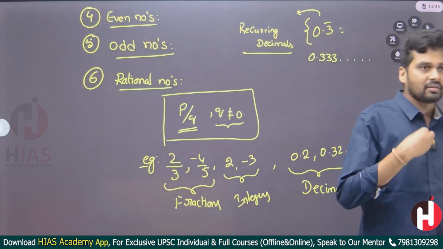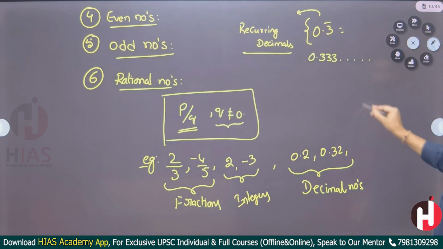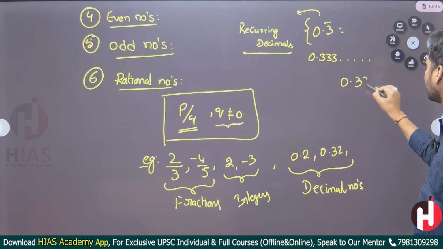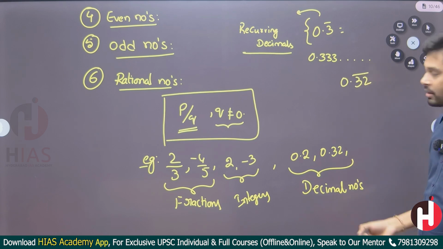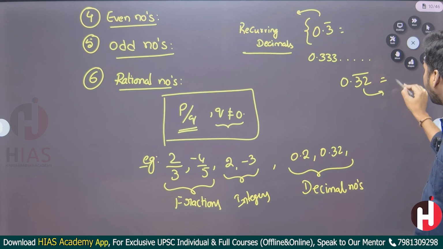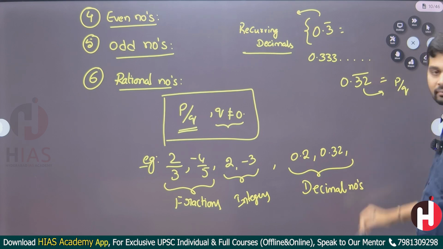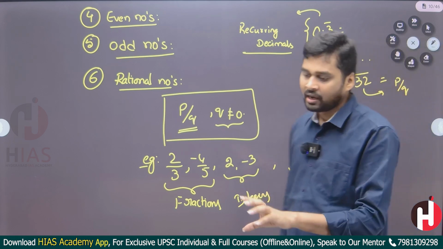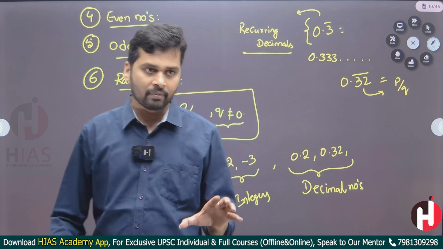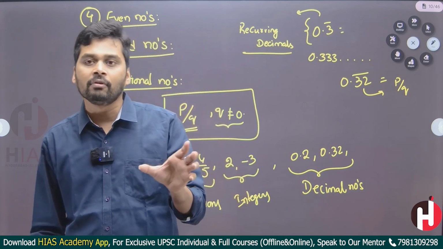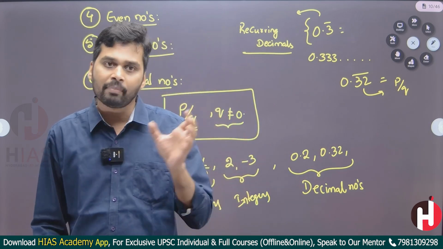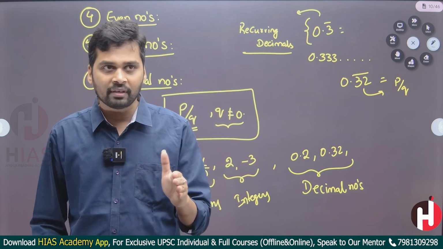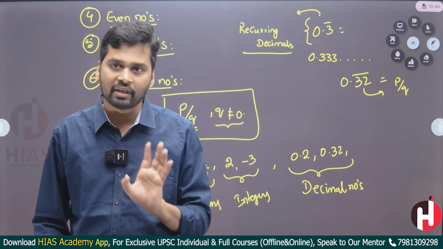Basically, any recurring decimals like 0.3 bar or 0.32 bar can be written in the form of P by Q. That I will tell you in the next classes, because this is a separate concept: converting recurring decimals into P by Q form. You might have studied it in your school days.